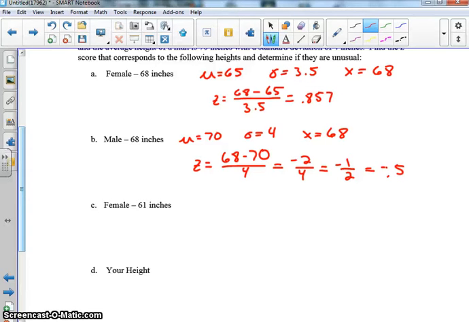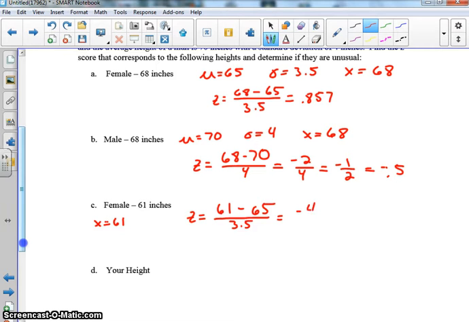Okay, should have had time to get this done. For the female, we're going to go back to the female data. So x would be 61 here. So you're going to take 61 minus the mean, which was 65, divided by the standard deviation.